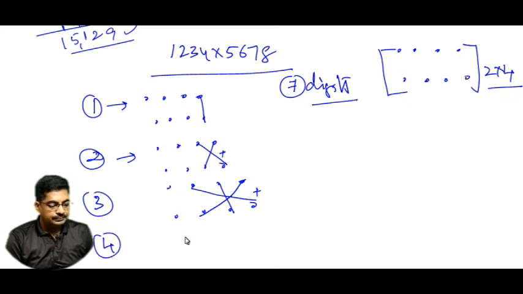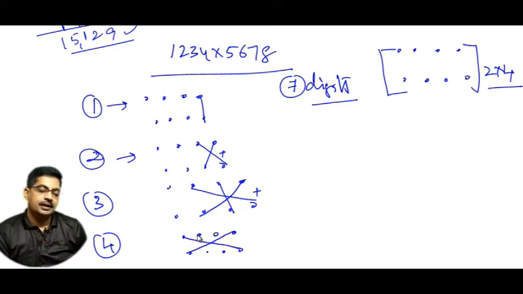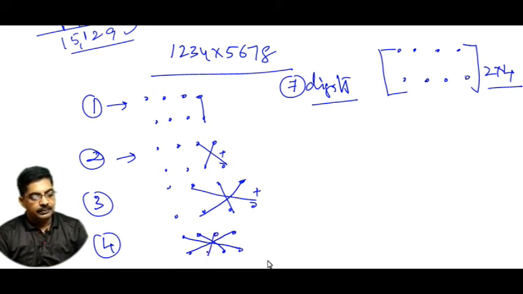Fourth digit will come by multiplying the extreme corners. Yes, are you getting? So the fourth digit will come by multiplying the extreme corners and the middle corners.